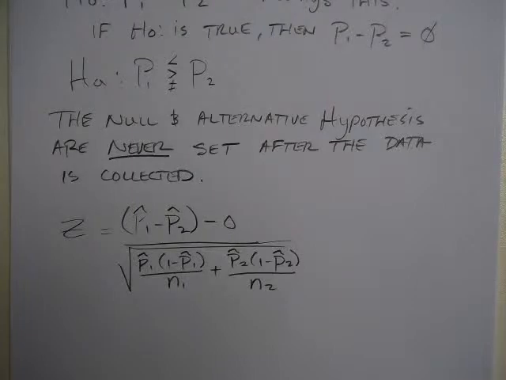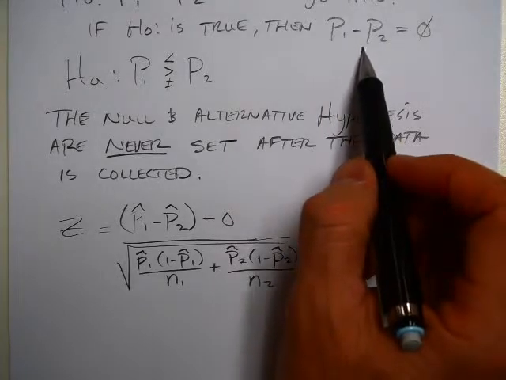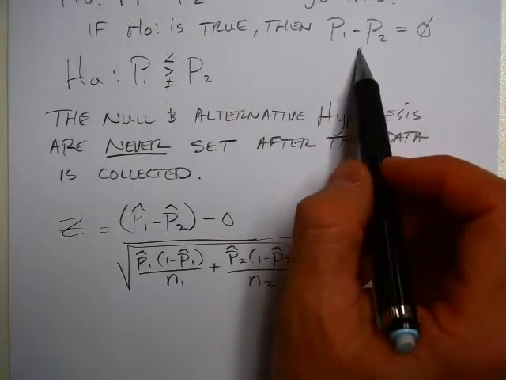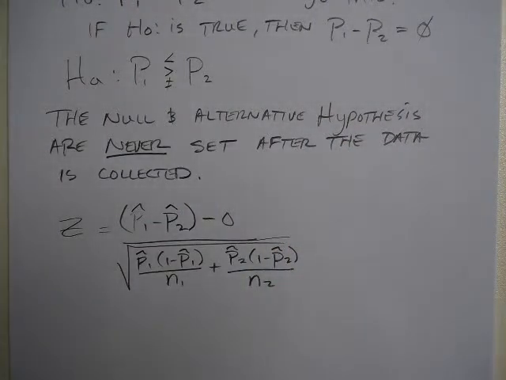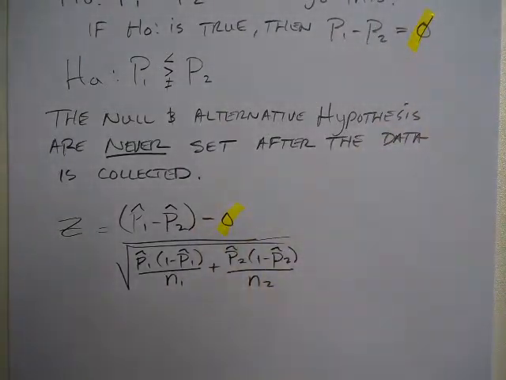Now, yesterday's class questioned me on the 0. Where did the 0 come from? Anybody have any idea where the 0 comes from here? What's the 0? The 0 is the difference that you should get when you subtract the two population proportions up here. So this and this are related.